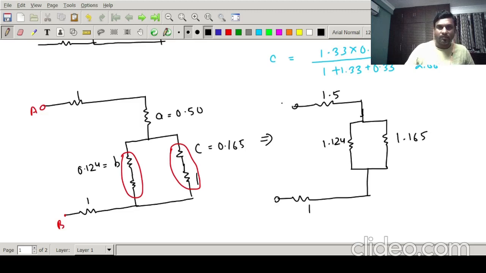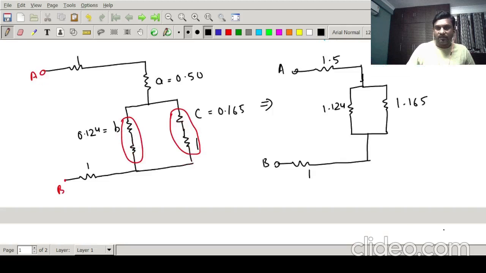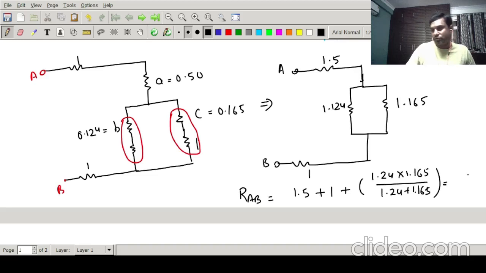This is your A, this is your B, and here I can find out RAB equal to 1.5 plus 1, with 1.124 parallel with 1.165. I am putting the formula directly. So now you know the method how to solve it. So finally you tell me what is the value.